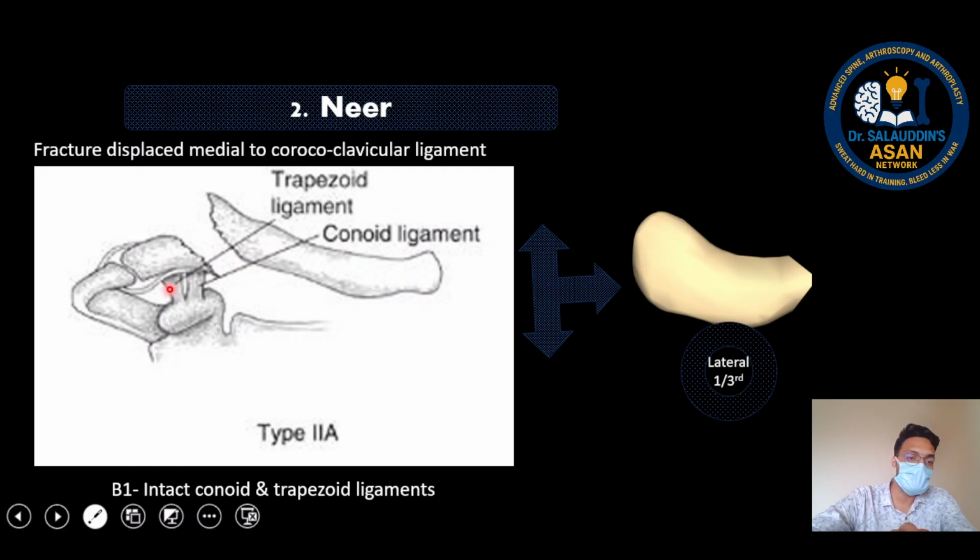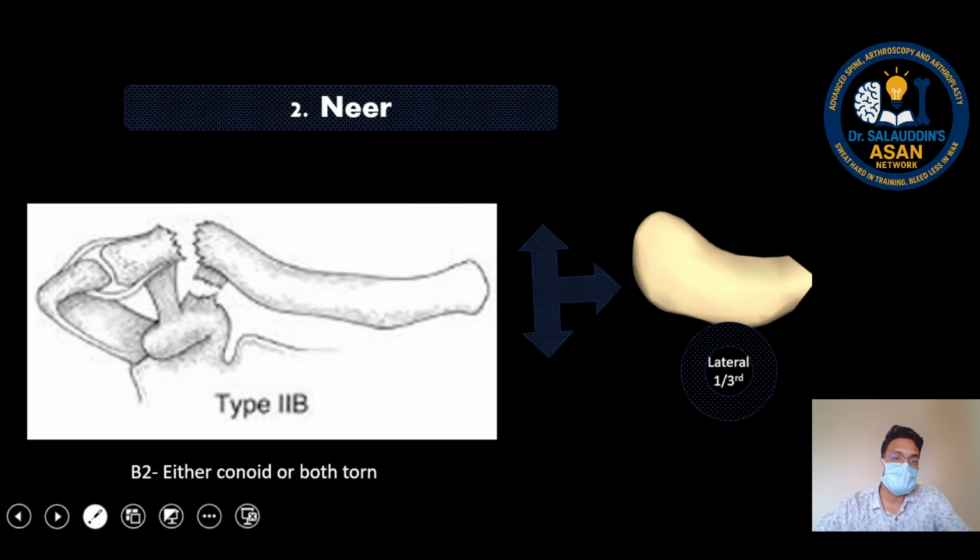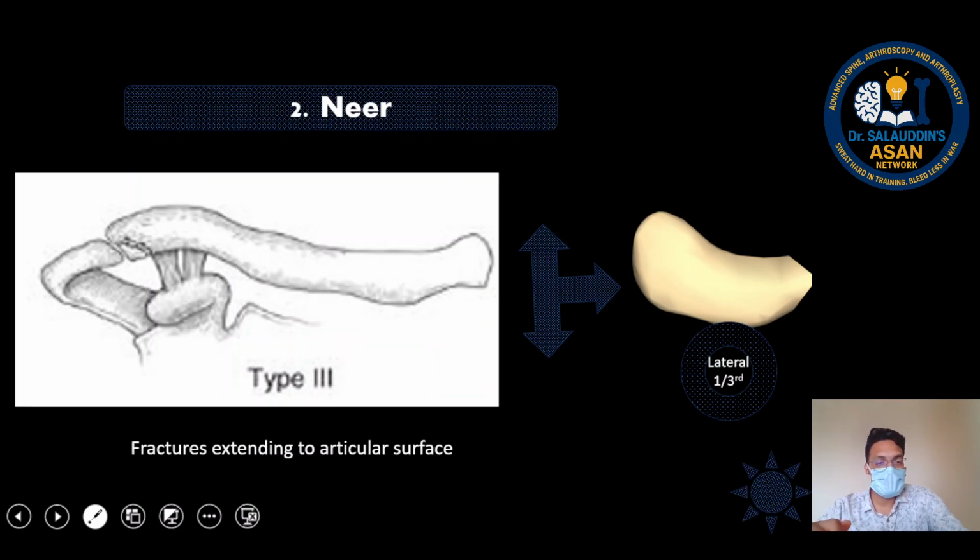If both the ligaments are intact, it is type 2A or type B1. That is, the conoid and the trapezoid ligaments are both intact. Then comes 2B or B2, where the conoid is torn or both conoid and trapezoid may be torn. Type 3 or type C is intra-articular extension, where the fracture is intra-articular.